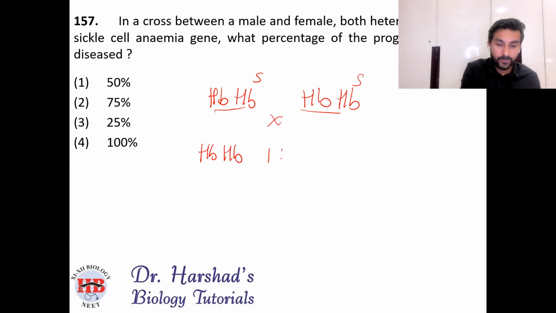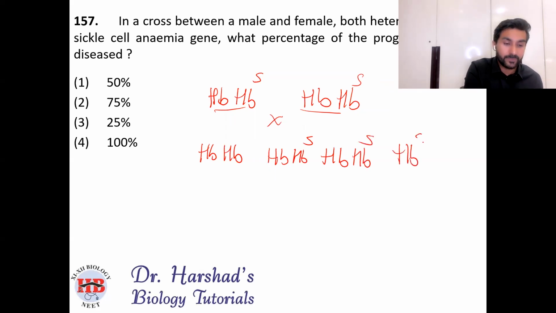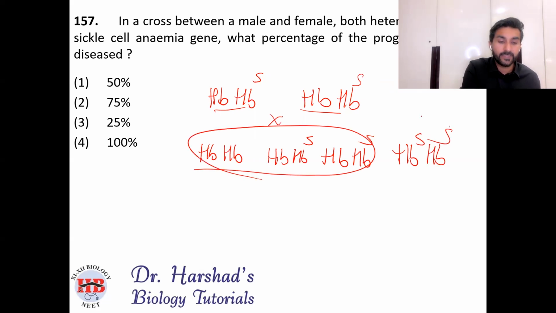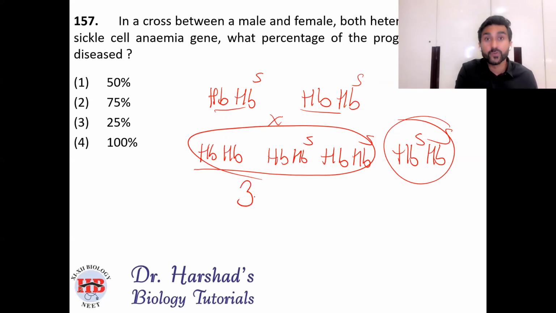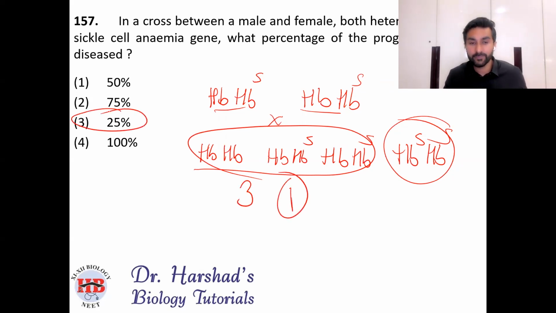Then you get HB HBS, which is heterozygous. They don't suffer from sickle cell anemia. Again it would be HB HBS. The other would be HBS HBS. The ratio you get is 3:1, whereby 3 do not suffer and one of them suffers. Answer would be 25%.